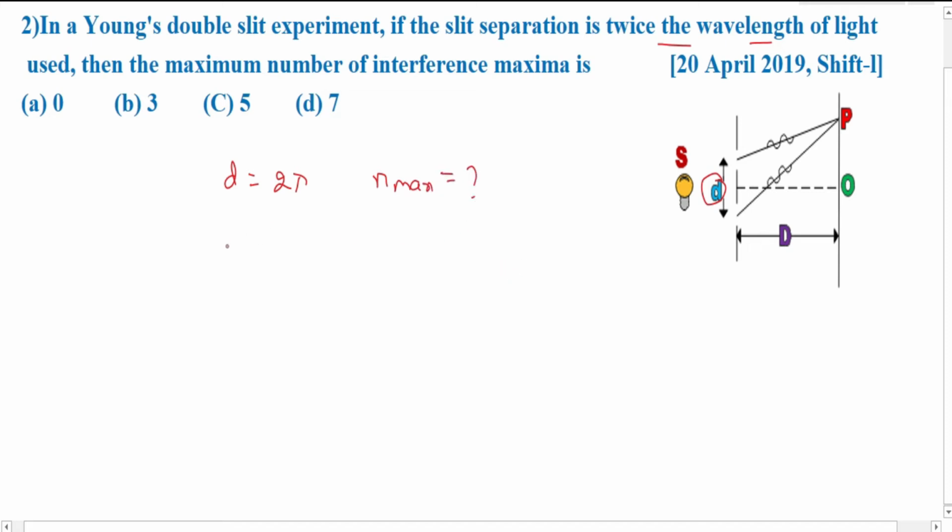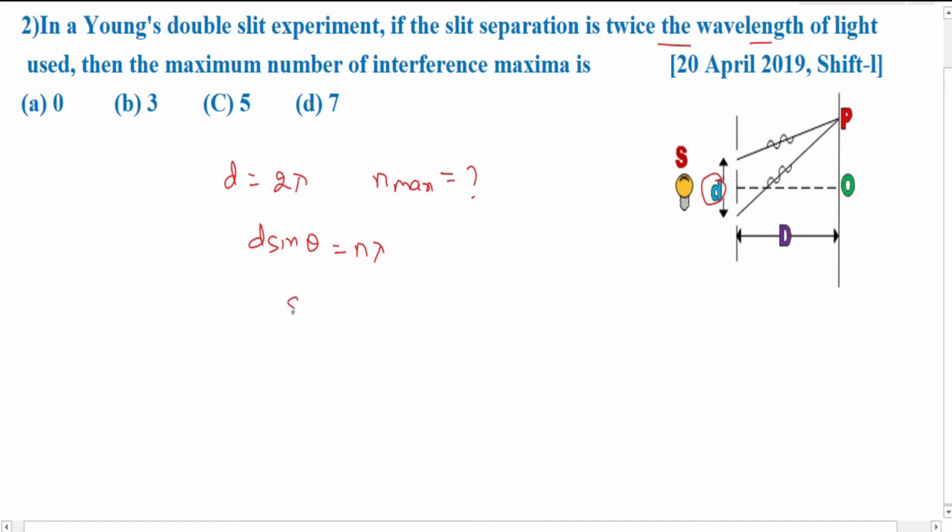Now we know that the condition to obtain a maximum is d sin theta, which is nothing but the path difference, should be equal to n lambda. I'll arrange this by taking d down.